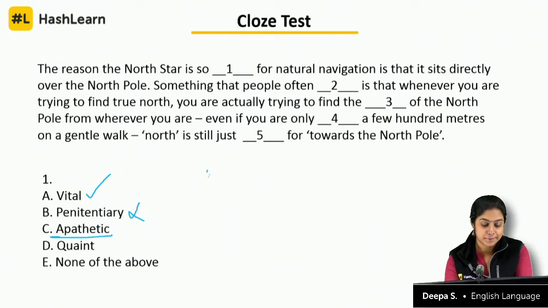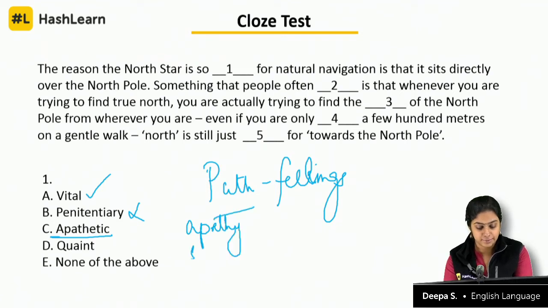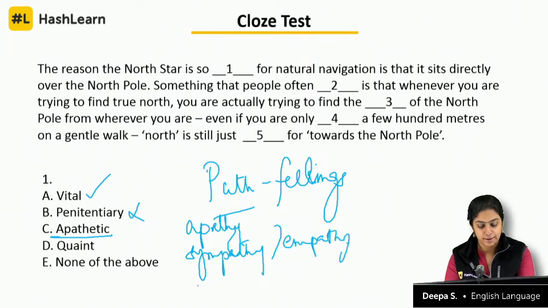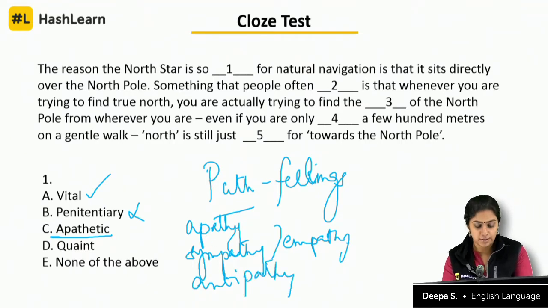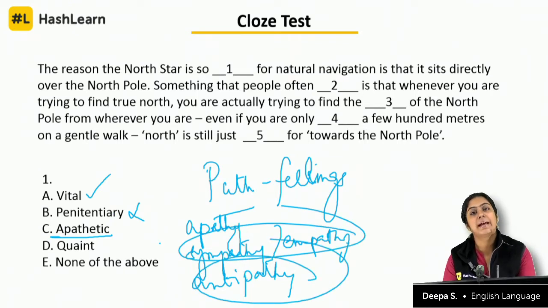Then apathetic. Path is the root word for feelings. Apathy is lack of feelings. Sympathy and empathy are the opposite of that. And then there is antipathy. Antipathy is extreme hatred. Empathy and sympathy, when you actually feel for someone and you feel gentle, kind, compassionate, that is sympathy or empathy, while antipathy is hatred.